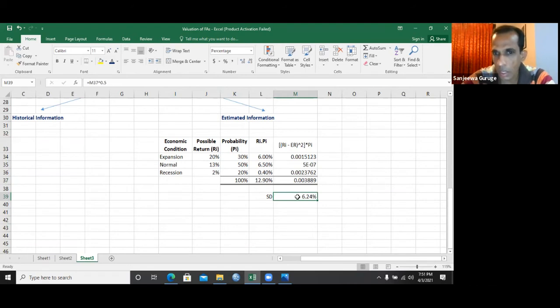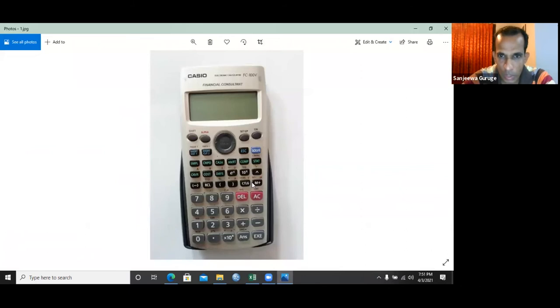So with Excel, this is what you can do. Otherwise, in a calculator, this root sign is there; here the root sign is there as the second key.